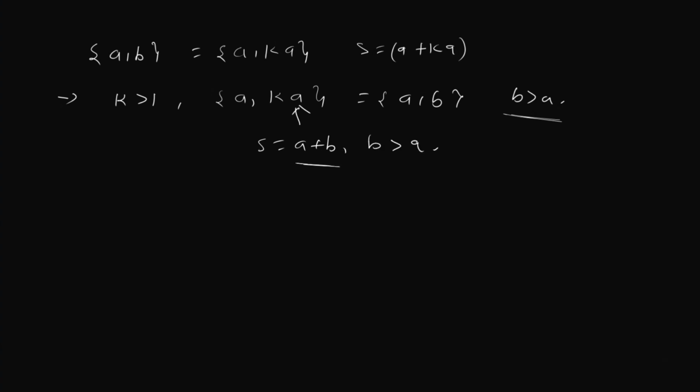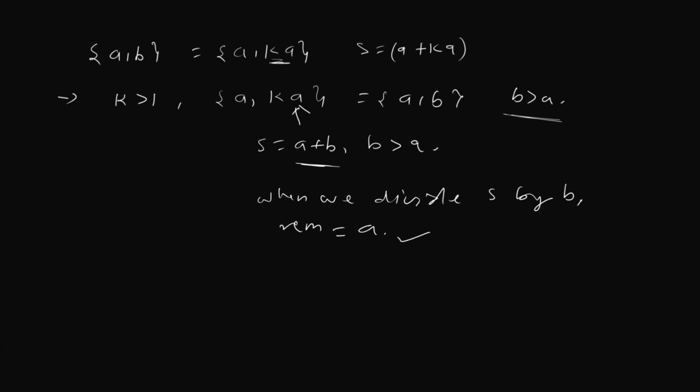Then when we divide it by b, the remainder will be the smaller number. So I just said about that. So we can't have the value of k greater than 1. Are you clear about this?